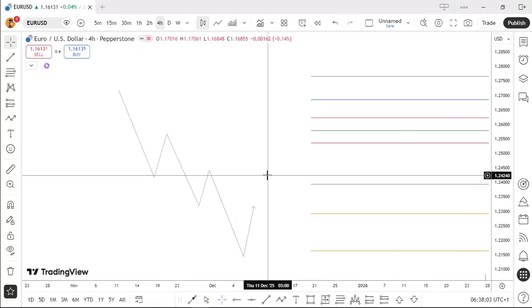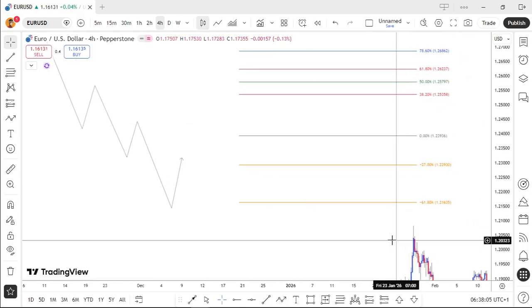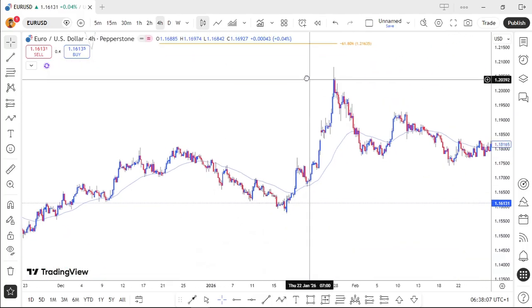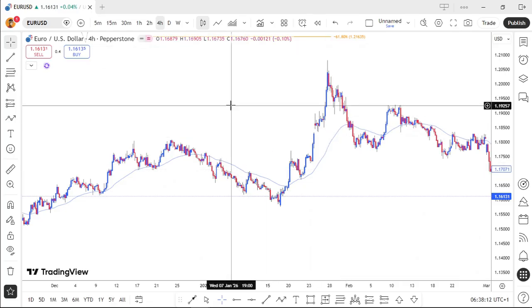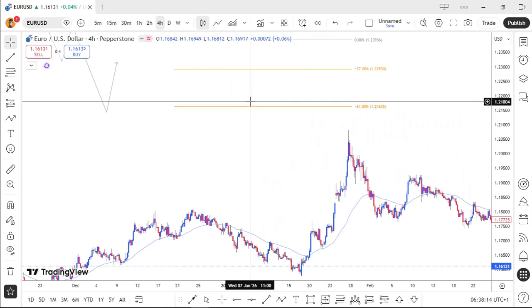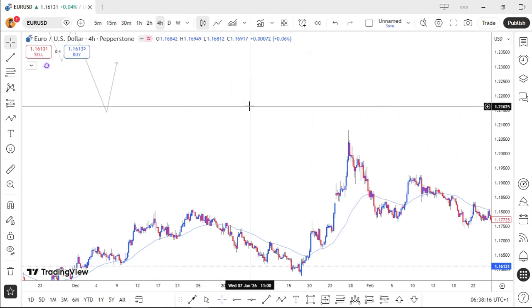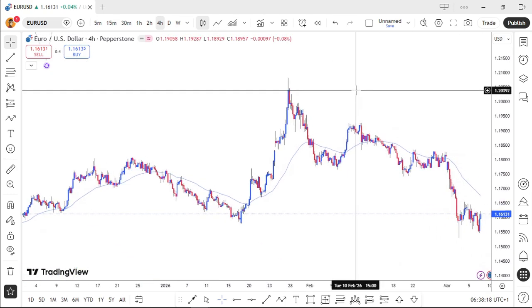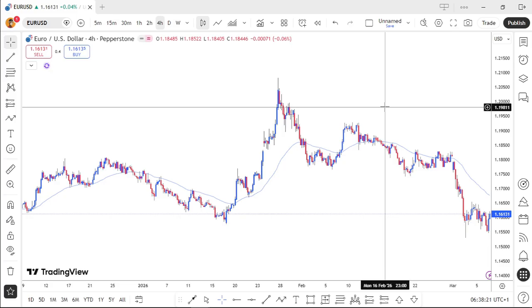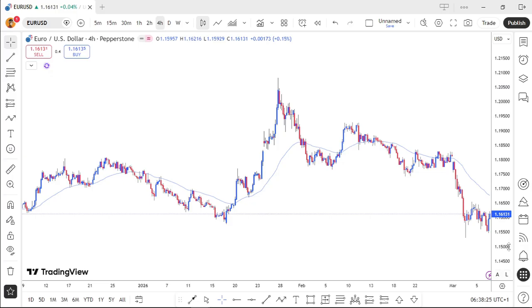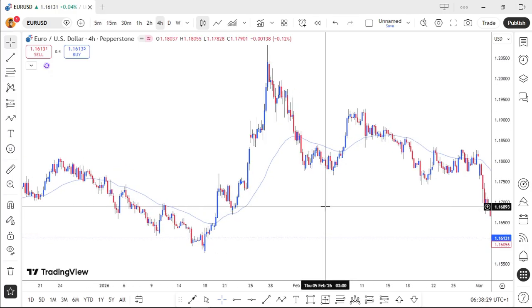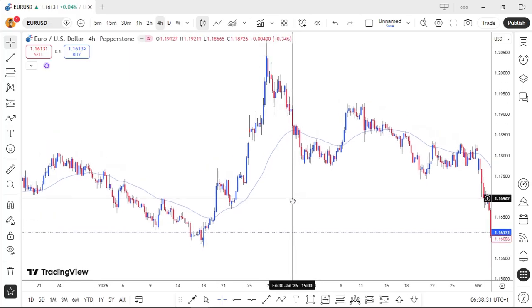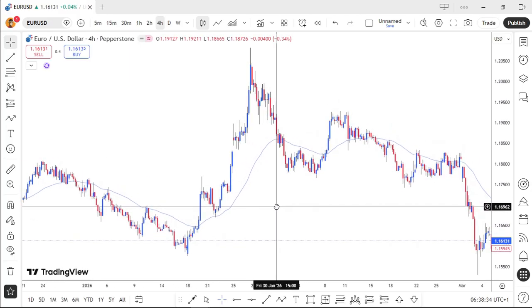So in the case of drawing Fibonacci correctly, let me go to the chart. When you open your chart, you identify the swing low of that particular trend.